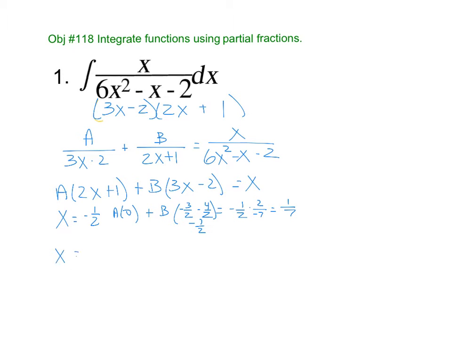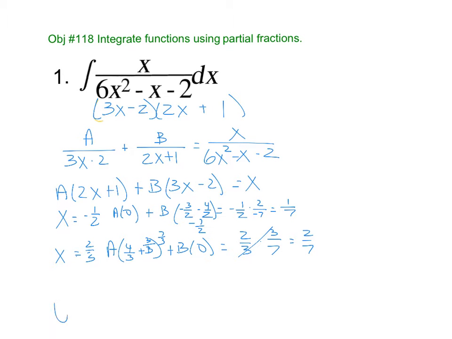Then I'm going to let x equal 2/3 because that will make B equal 0. So let's see, that's 4/3 plus 1 times A plus B times 0 equals 2/3. So this is 3/3, 7/3, so times 3/7, A is 2/7.